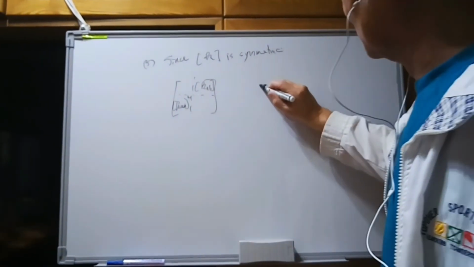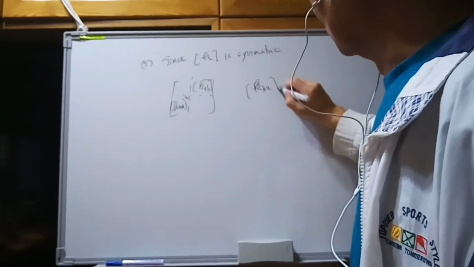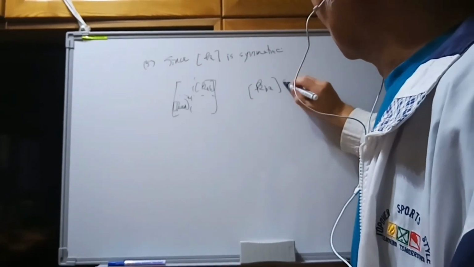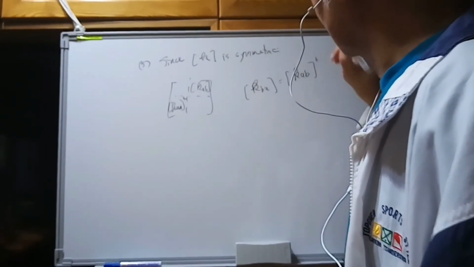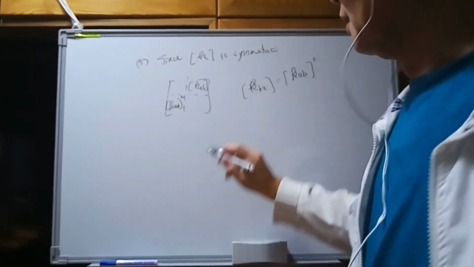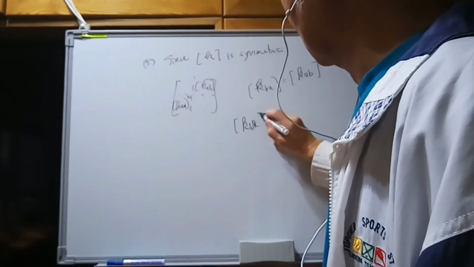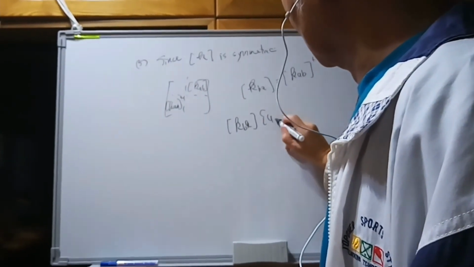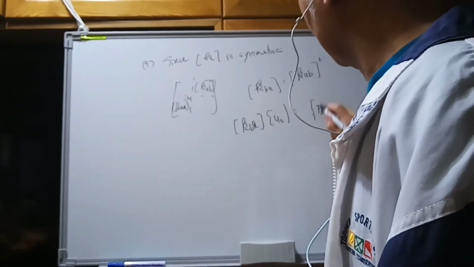So the KBA will be the KAB transpose. We can get the KBA. Then we know the KBA multiplied by the UA can give you the PB.